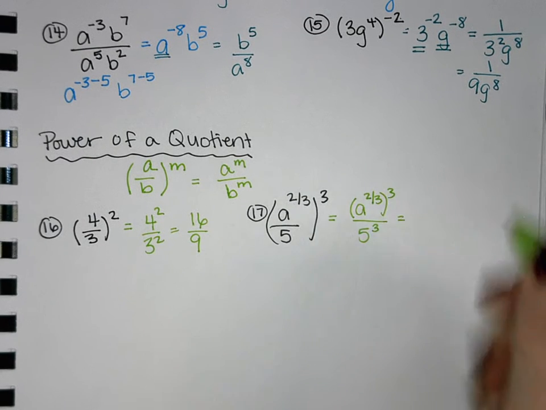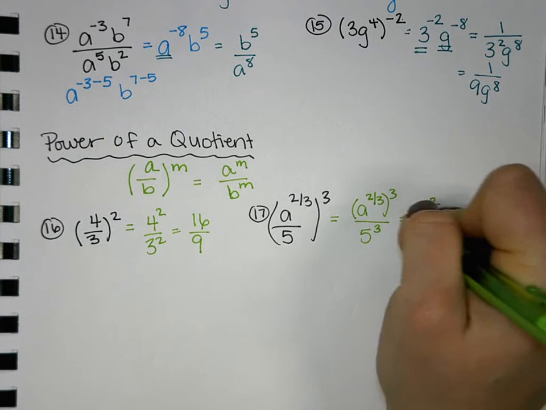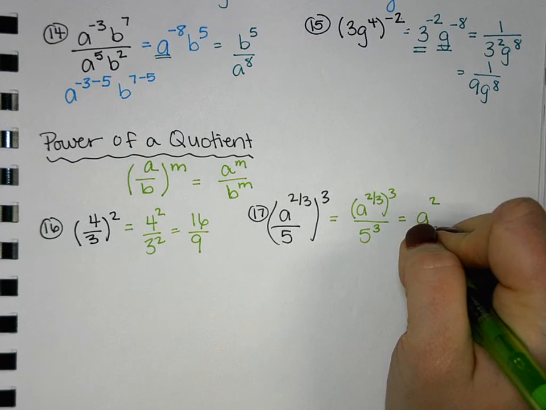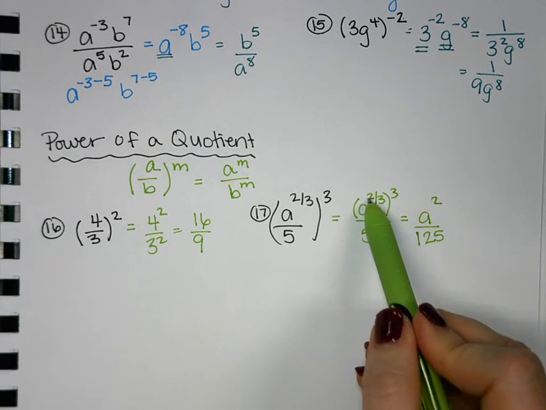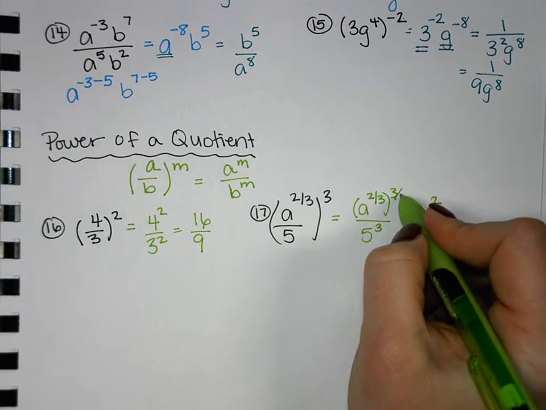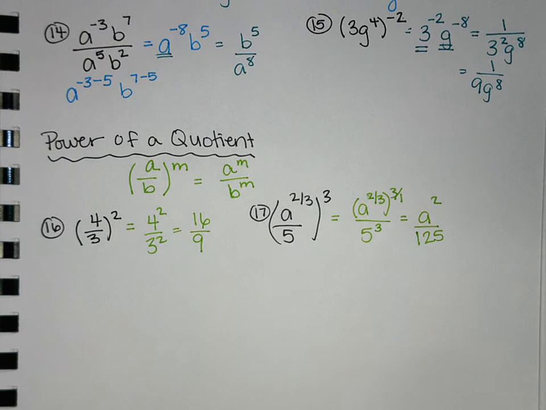That gives 8 to the 7th and 5 to the third. Do you remember what 5 to the third is? 125. So when we multiply 2/3 times 3 over 1, we end up with 6 over 3, which reduces to 2. Or if you cross cancel, you can get 2.